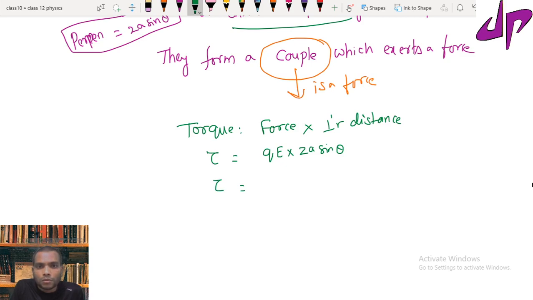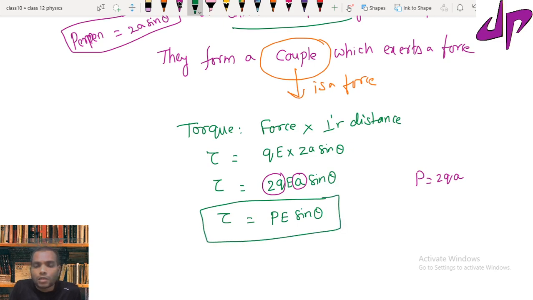Tau equal to, if you write it properly, 2QEA sin theta. And if you notice, in the place of 2Q times A, I can write the dipole moment. The dipole moment P equal to 2QA. So finally we can write tau equal to PE sin theta.